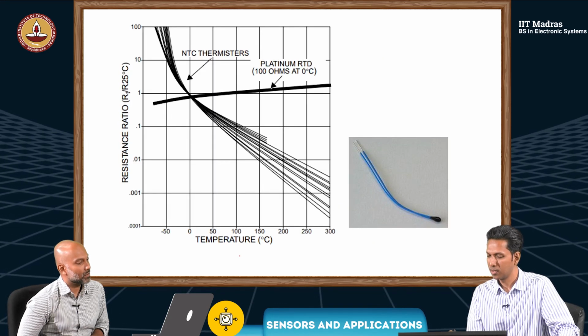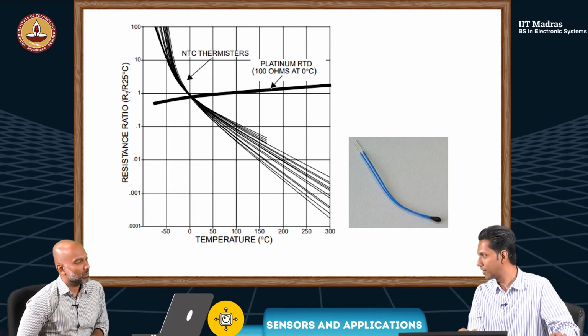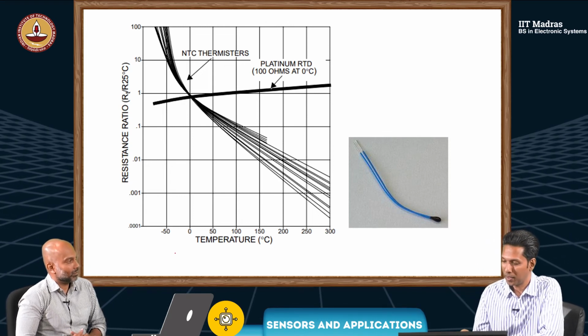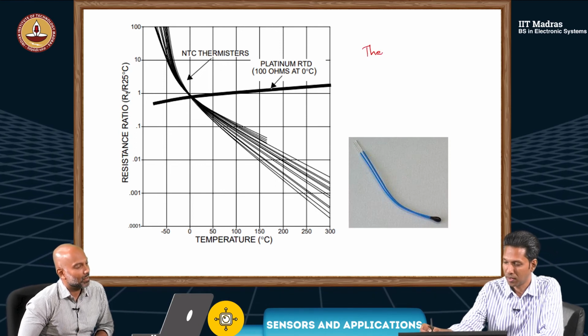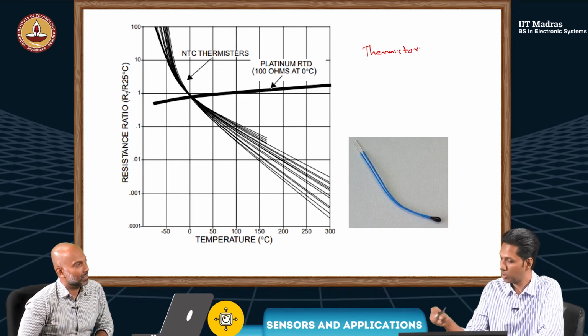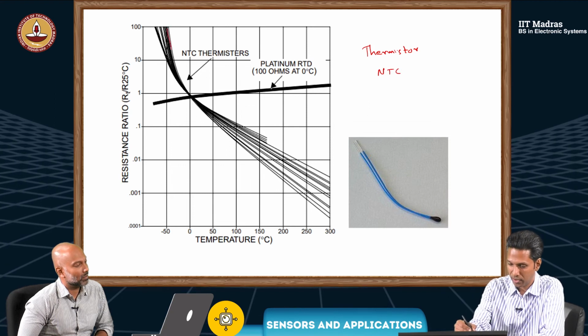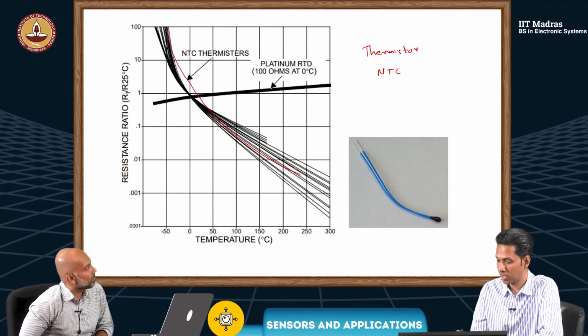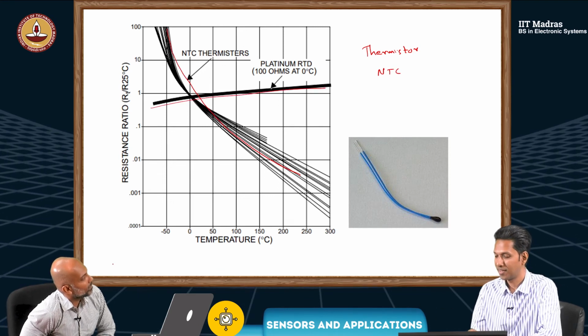Then we have briefly mentioned the NTC, the thermistor, which has a negative temperature coefficient of resistance. As you can see, it has very high sensitivity compared to the platinum-based temperature sensor.